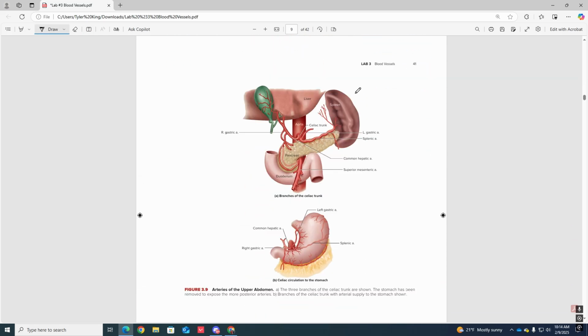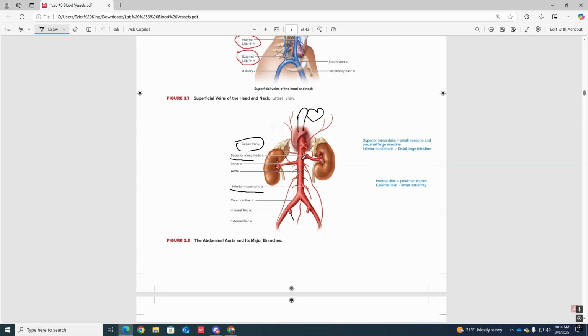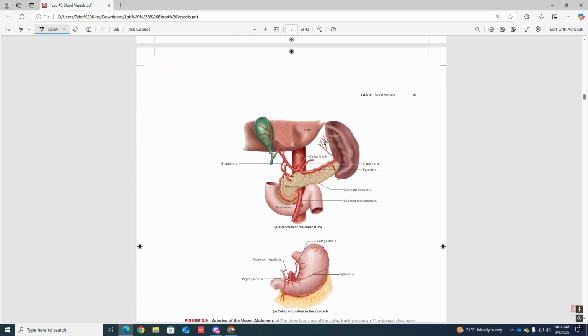Now we're going to talk about the celiac trunk. It's blown up here. Compared to up here, where we just had a little chat about what it supplies, down here we can see what it's actually supplying. The celiac trunk supplies the stomach because we have a right gastric and a left gastric artery. We also have a splenic artery here supplying the spleen.